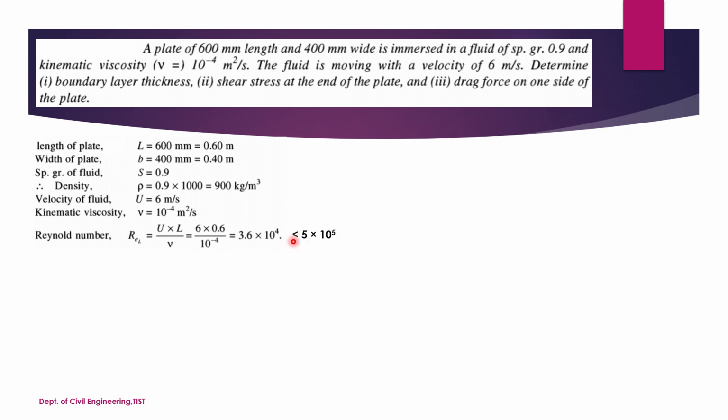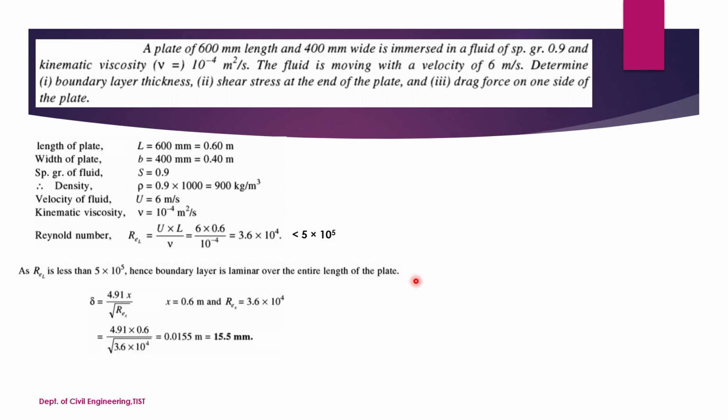What is the meaning of that? That means the boundary layer is laminar. So we can choose the equations given by Blasius for laminar boundary layer. This REL value, the Reynolds number value, is less than 5 into 10 raised to 5. Hence the boundary layer is laminar over the entire length of the plate.